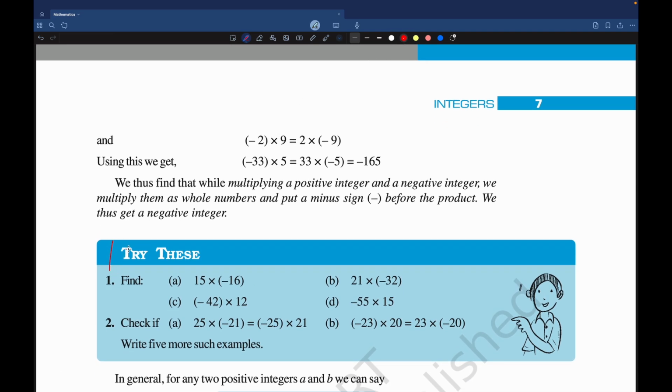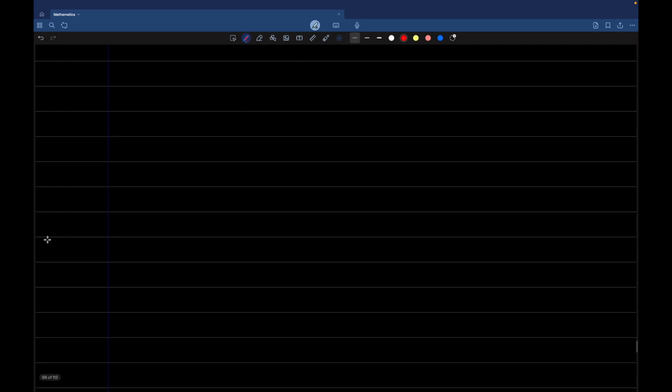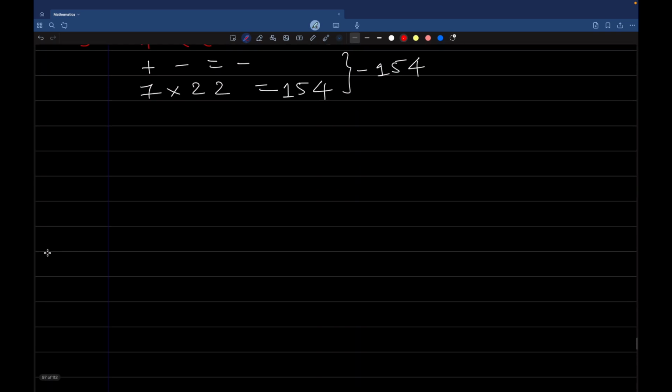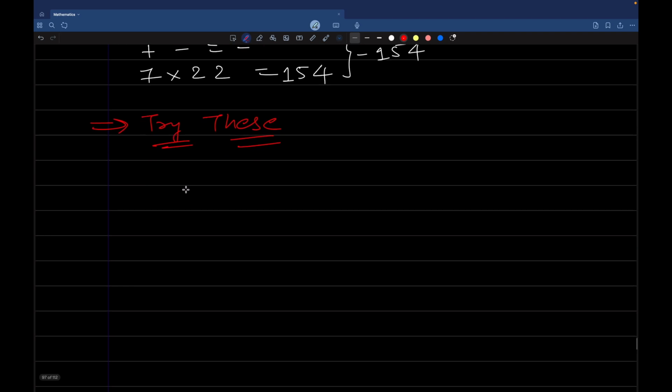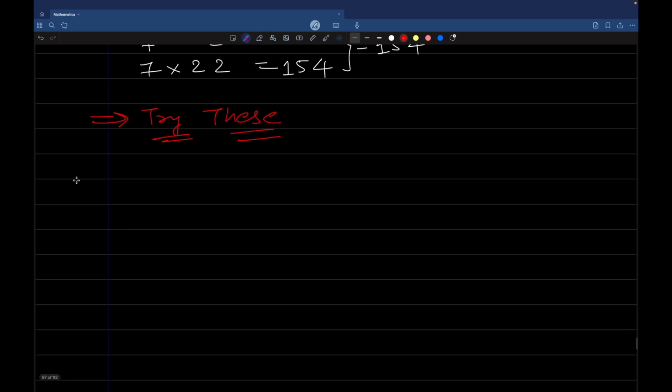Now let's solve one more, try this. Question number 1. A, 15 into minus 16.